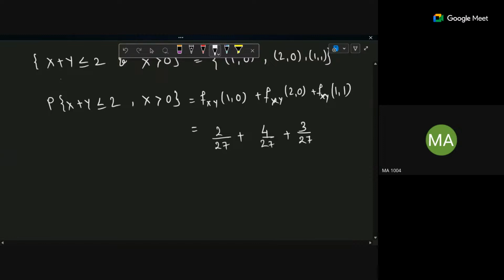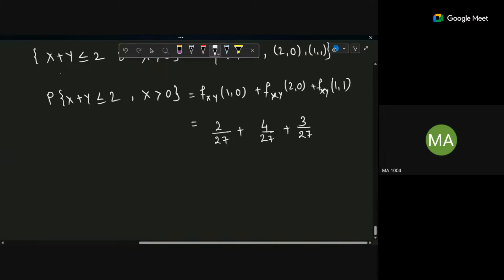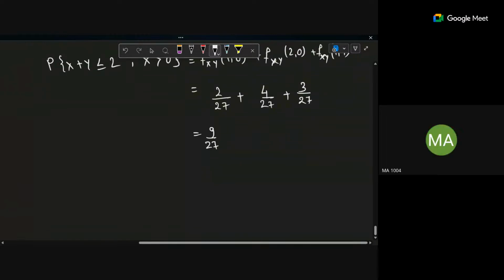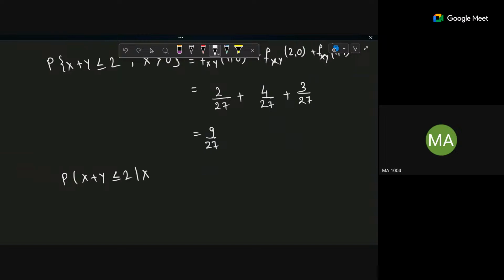Okay, fine. So you just added 9 by 27, right? Yes, ma'am. So what will be the required probability? Divide. What was being asked to you? The conditional probability that the sum should not exceed 2 given x is greater than 0. So it is 9 by 27 upon what?